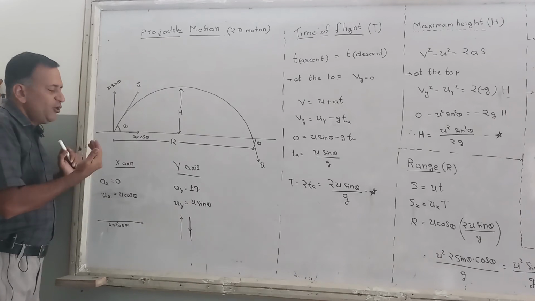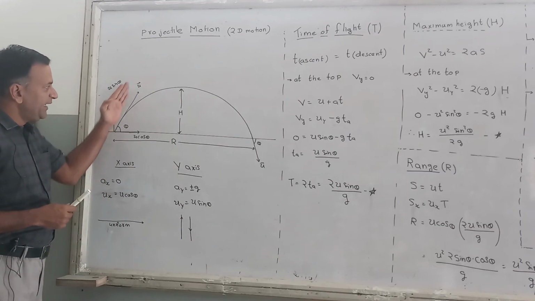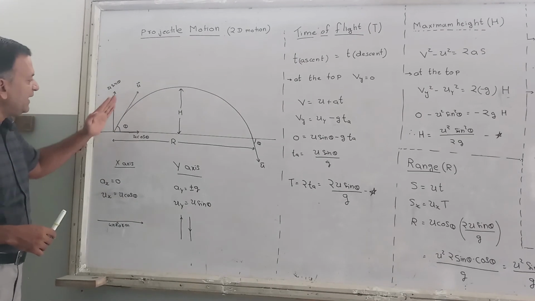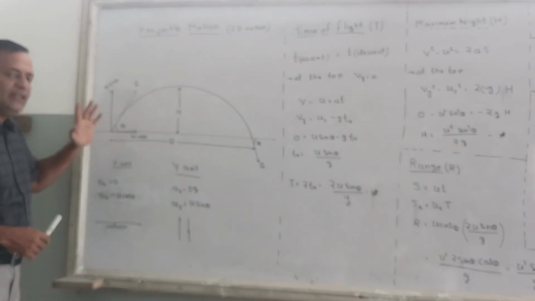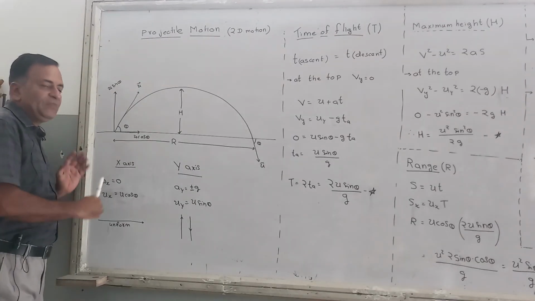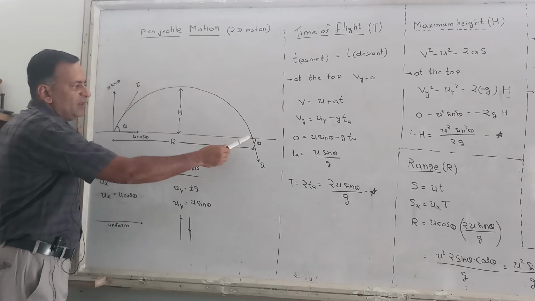And at what angle are you throwing the projectile? The angle with respect to horizontal is theta. Once it is fired, it will first move up and then it will move down.